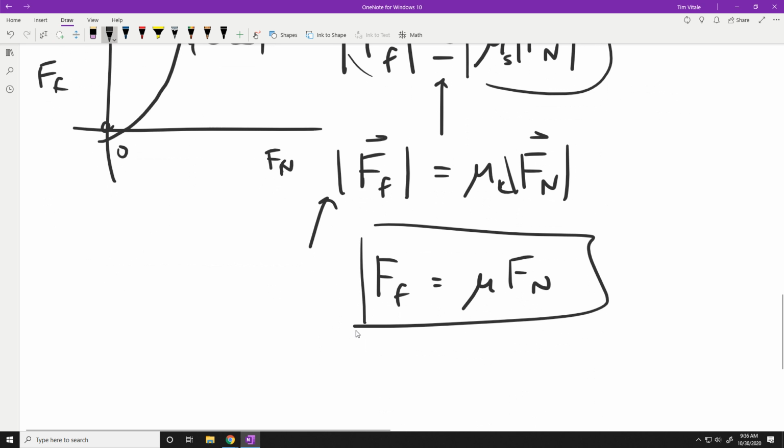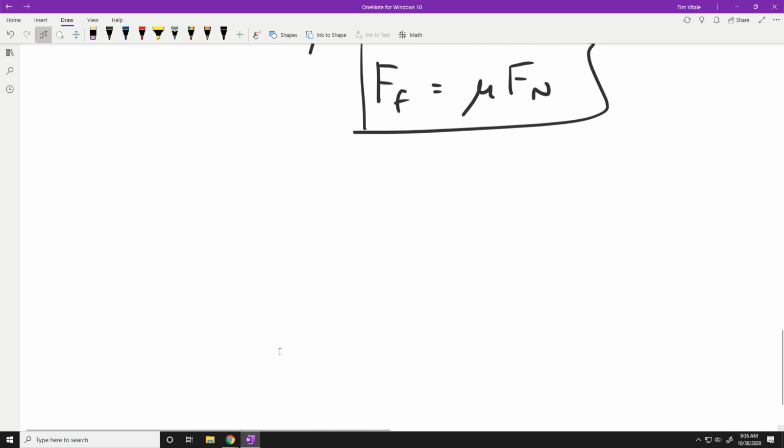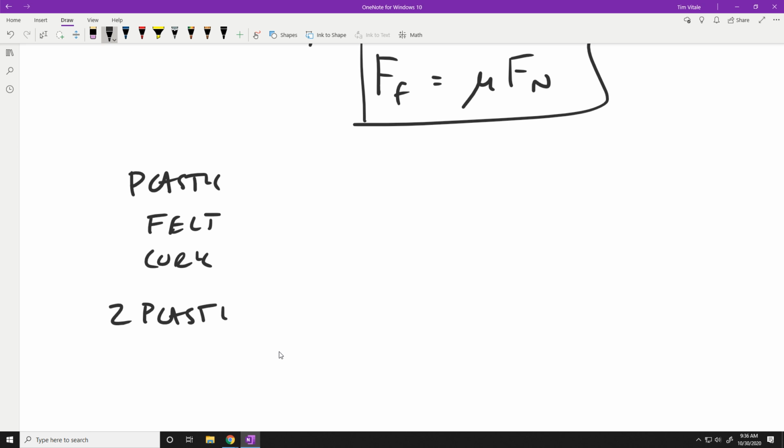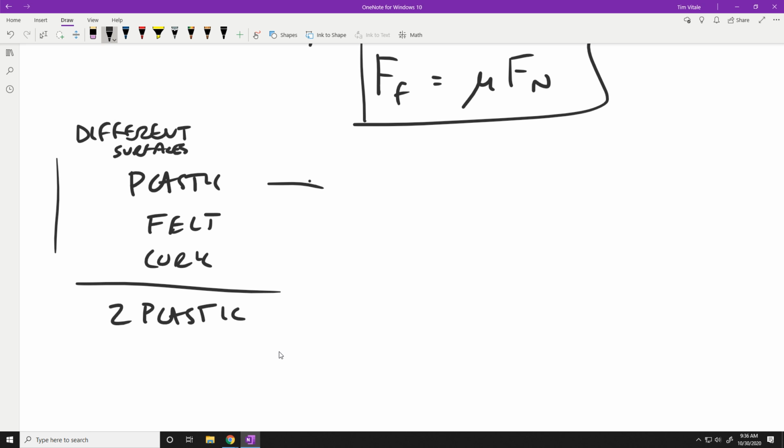So this is a big equation. It's on your equation sheet. You'll be able to calculate friction if you know the normal force. So that's pretty neat. The last couple things I want to point out: we had plastic, felt, cork, and then there was supposed to be 2 plastic. These 3 were supposed to help us identify what happens if we have different surfaces. And what you should see is that different surfaces give us different coefficients.